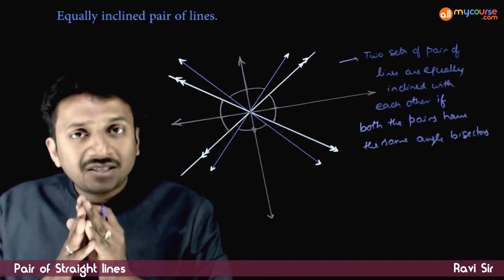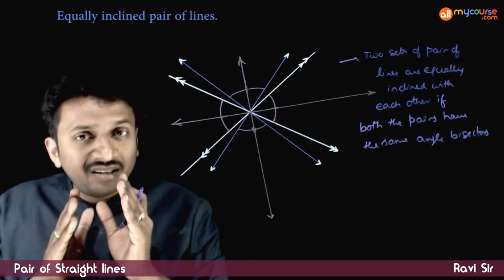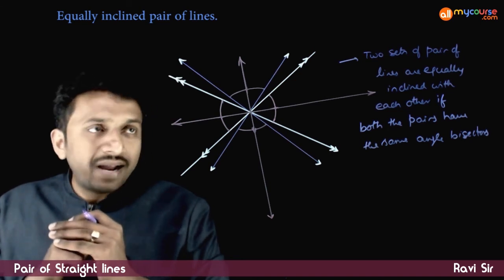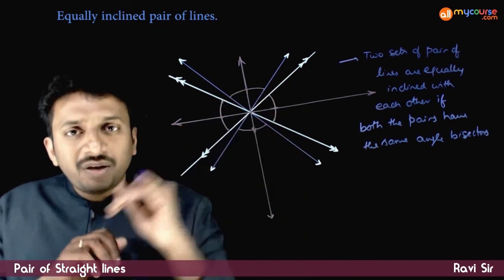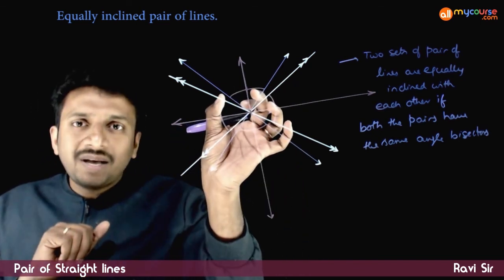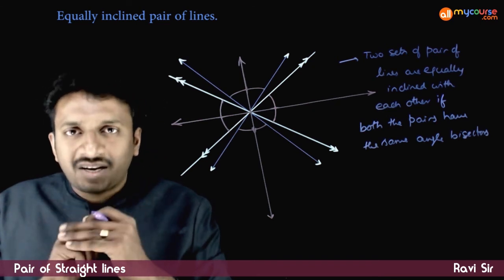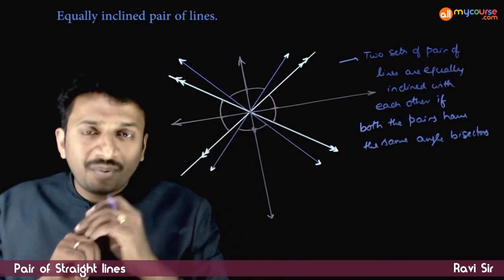So if you are asked to prove that the pairs of lines are equally inclined to each other, you find the angle bisectors of the first pair of lines, find the angle bisectors of the second pair of lines. If both of them are in the same direction, they don't need to be meeting at the same point.